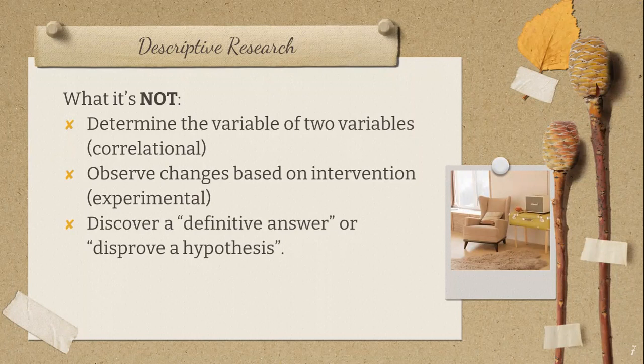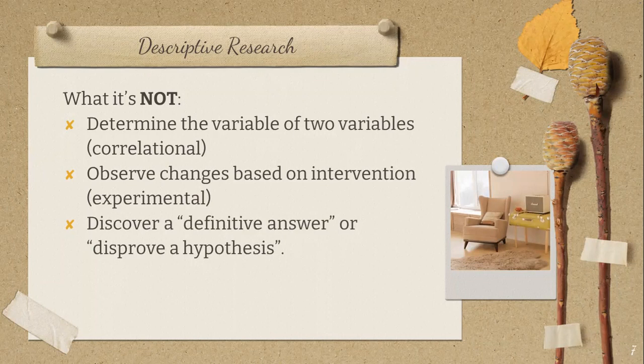This is only done in correlational studies. Second, observing changes based on intervention. Descriptive research is not observing changes based on intervention because this is only done in experimental research.